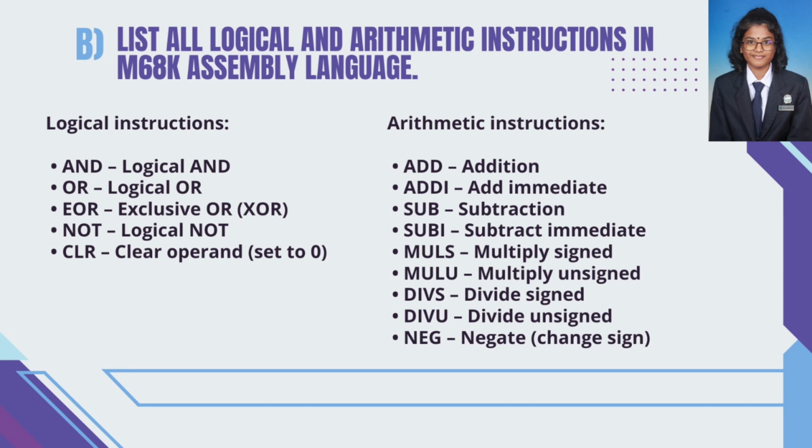Next, let's move on to arithmetic instructions. ADDI, which would be add immediate, SUB, which means subtraction, SUBI, subtract immediate, and then MULS, which would be multiply signed, and then MULU, which would be multiply unsigned, and then DIVS, which would be divide signed, and then DIVU, which would be divide unsigned, and NEG, which would be negate, which would be change the sign.